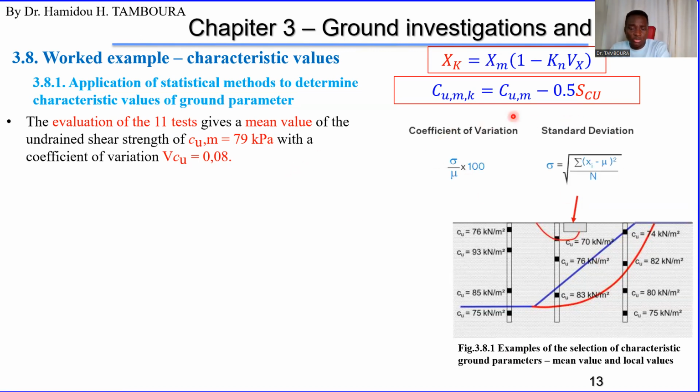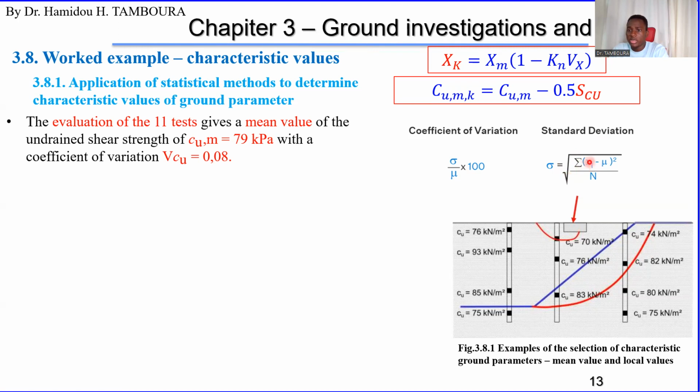Okay, I show you the formula here. What is standard deviation? For example, please don't mind the symbols S here and sigma here. It's the same, okay? This also is standard deviation in this formula. So the formula for standard deviation is this one.